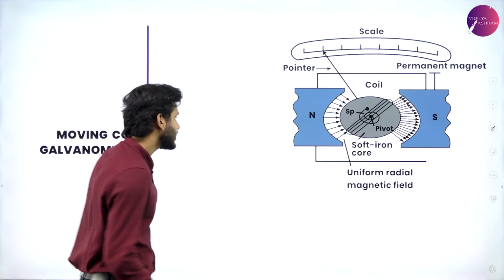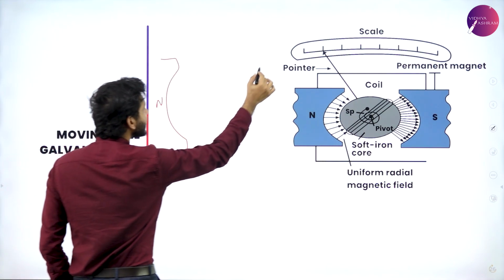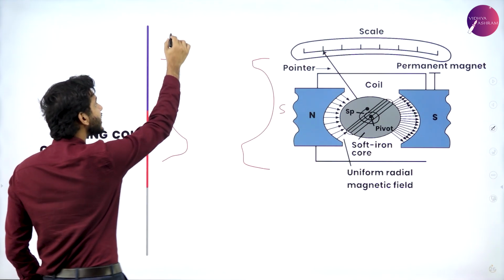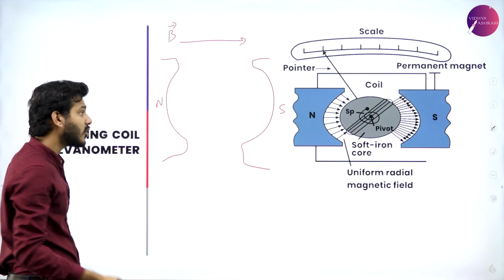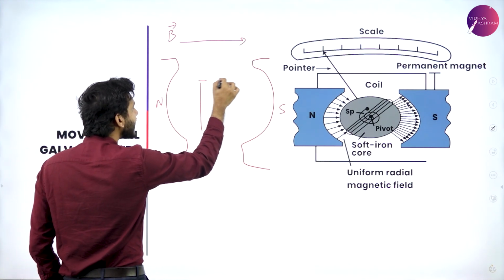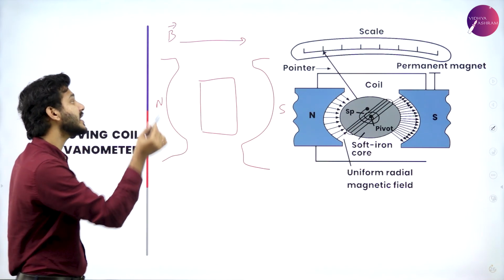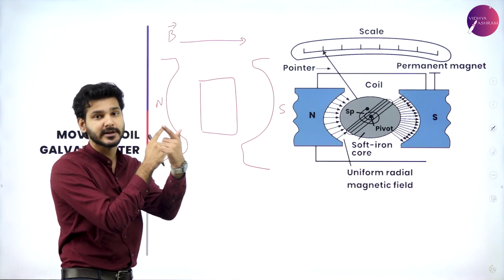So imagine that there are two magnets. Let's say this is north and this is south, which means there is a uniform magnetic field from north to south. Now, if I keep a current carrying coil like this, then automatically we know that it will experience a torque and this will go for a spin.